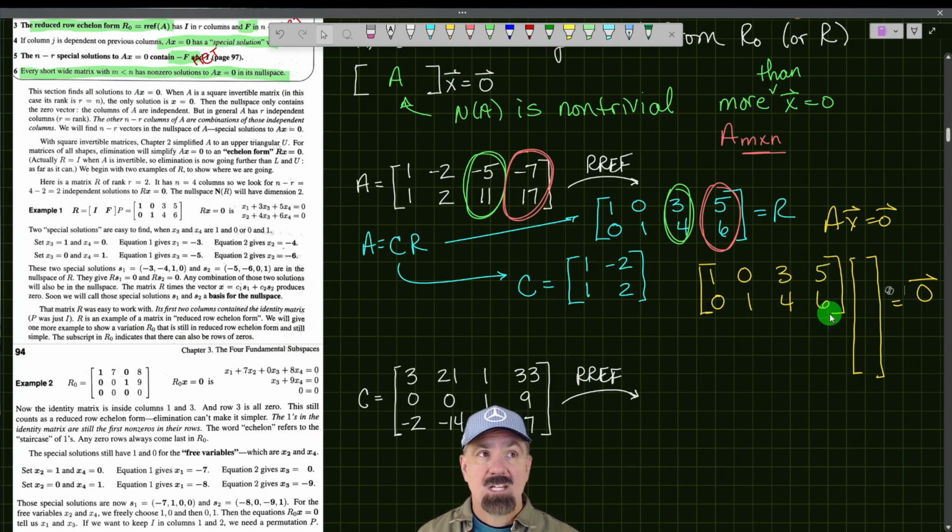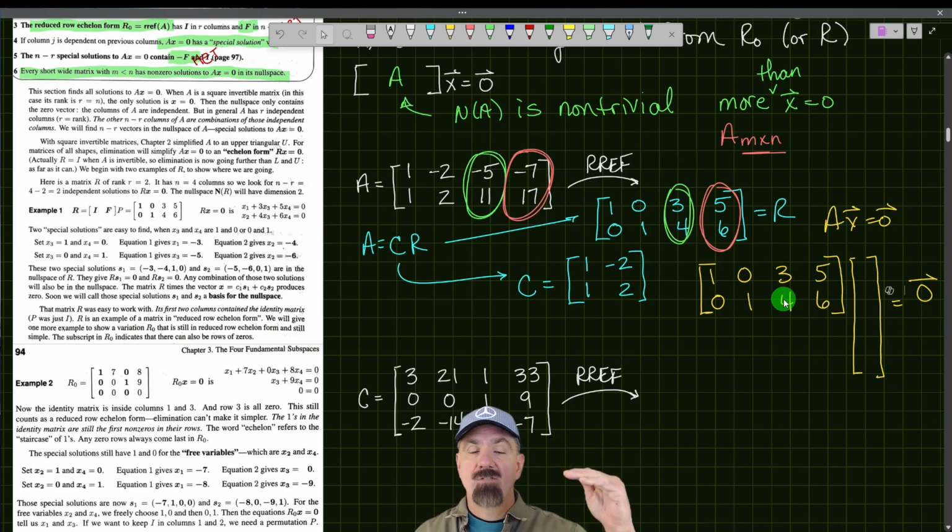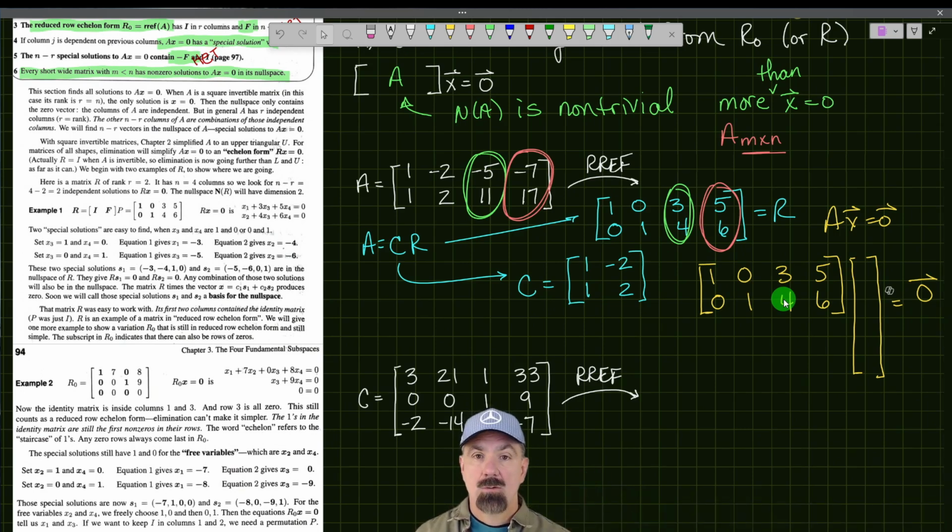So x3 and x4 are our free variables. x1 and x2 are what we call fixed variables, or what Strang calls pivot variables. These free variables, we get to choose them. We're going to systematically choose one of the free variables to be 1 and all the other free variables to be 0.